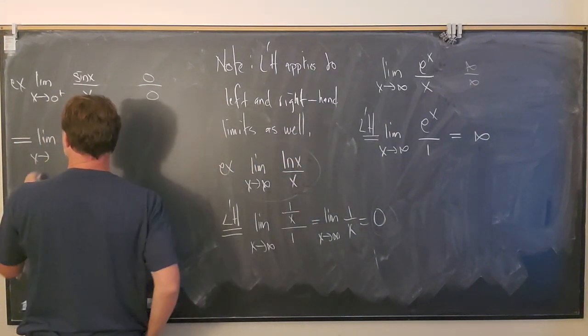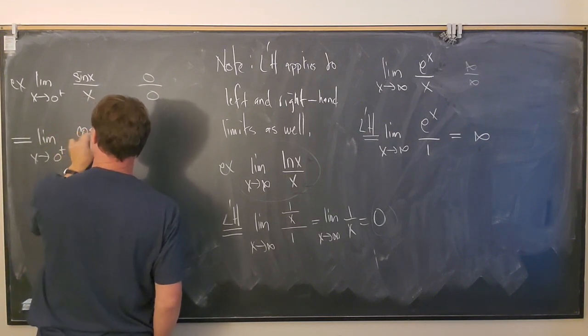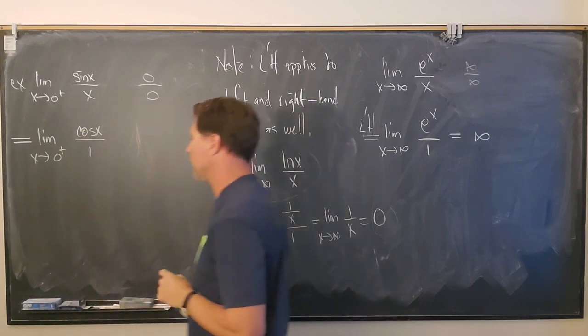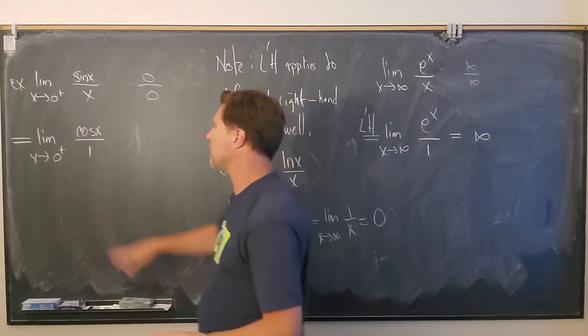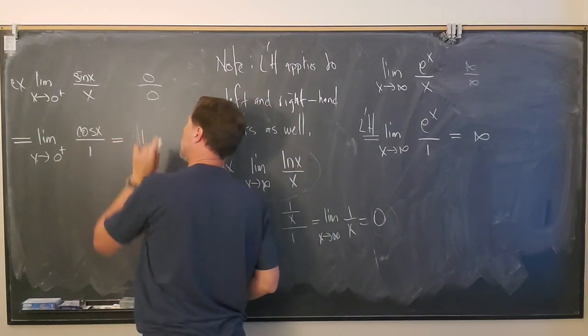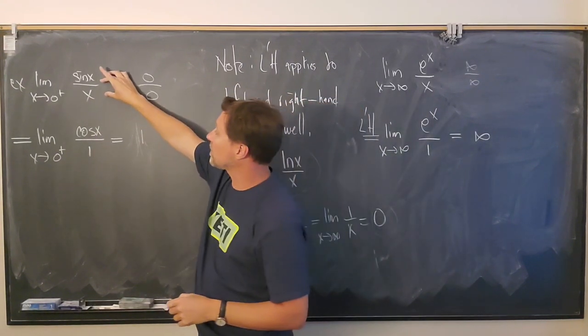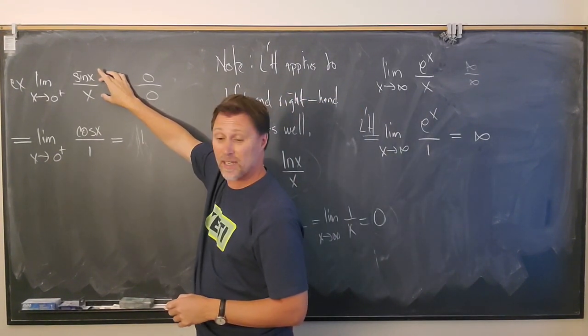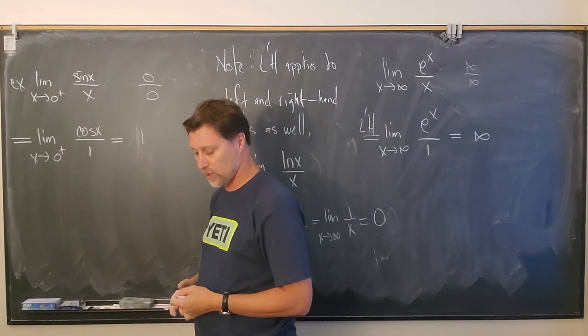That's equal to the limit as x approaches 0 of, now I take the derivative of the top and the derivative of the bottom, cosine x over 1. As x approaches 0, cosine is approaching 1. And so we get 1. So what does that tell us then? As x gets close to 0, sine x and x are almost exactly the same, because we get a fraction equal to 1.